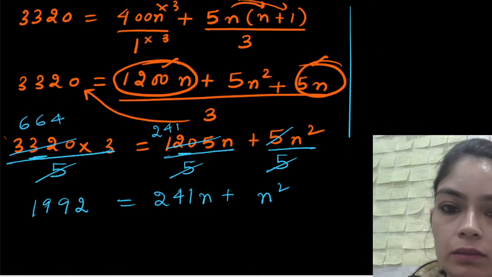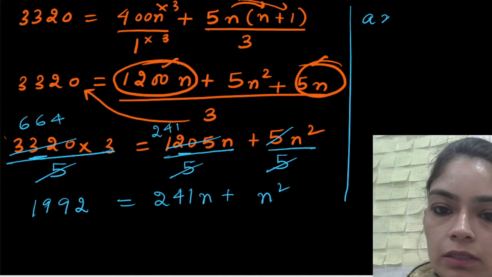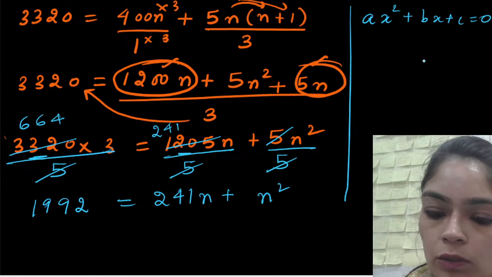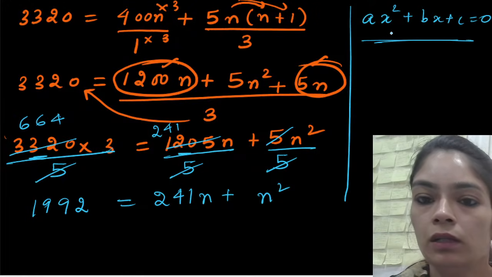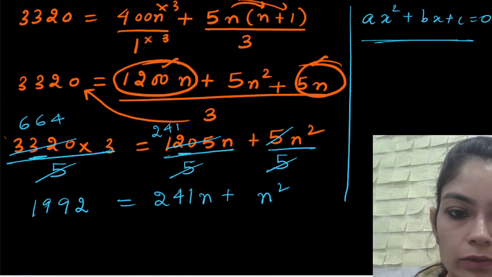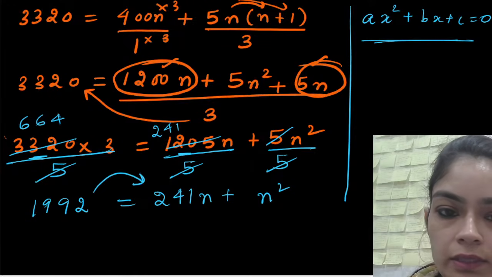The standard form of a quadratic equation is ax square plus bx plus c equals 0. First the x square term, then x, then c. So I am just converting this to the standard form.